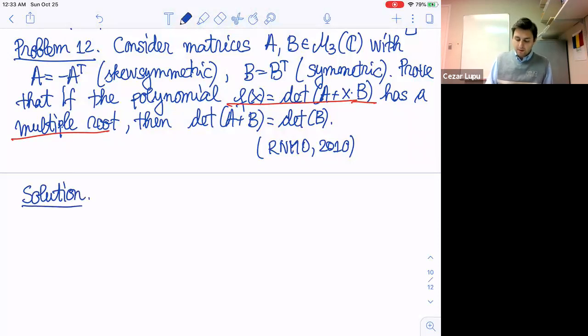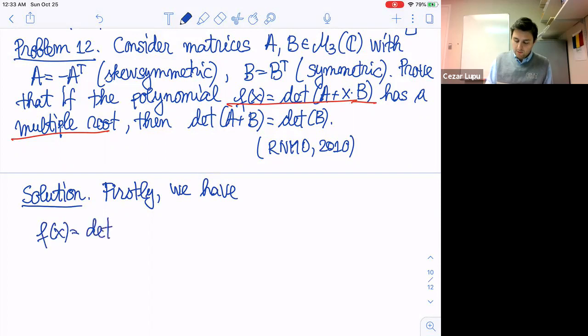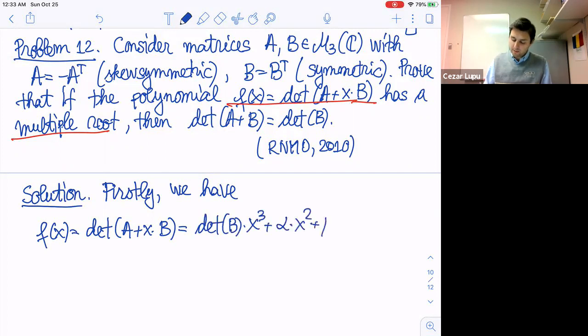First of all, we have that f of x, which is the determinant of A plus x times B, can be written as the determinant of B times x cubed plus alpha times x squared plus beta times x plus the determinant of A. So I can write it in this way.